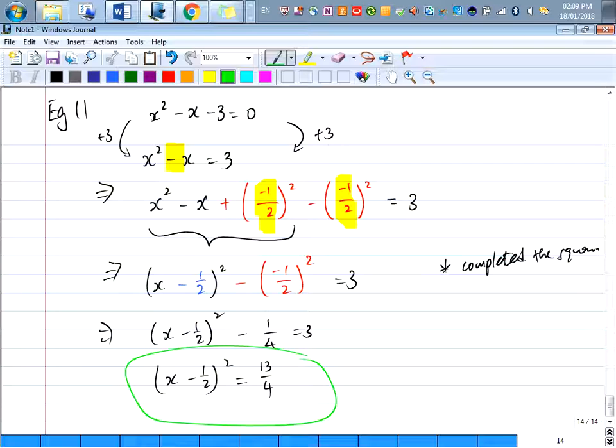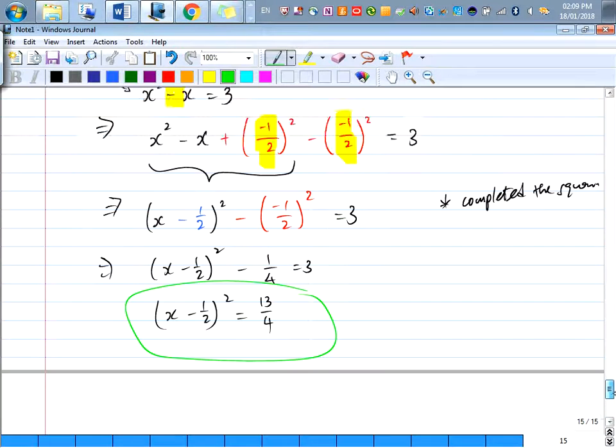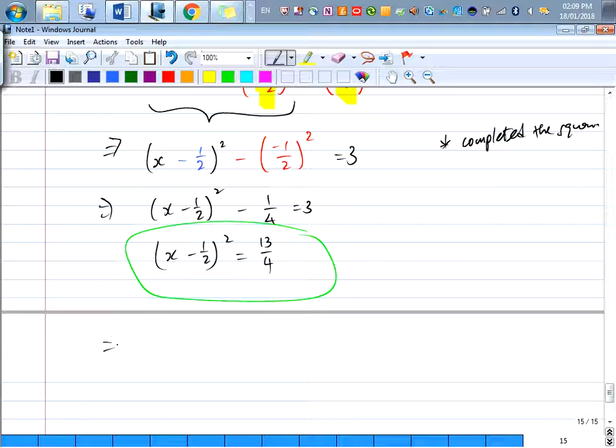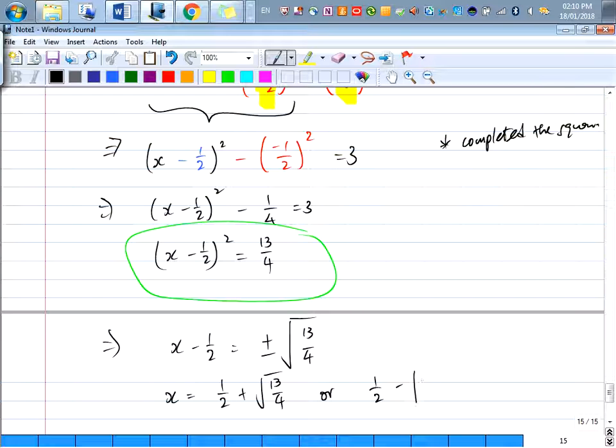Square root both sides. Exactly. Remember the start of the lesson, I also show you how it is easy to solve this. Don't forget, just take square root both sides. And what am I left with? Therefore, x minus half is equals to plus minus square root 13 over 4. Okay? Then x is going to be equals to half plus square root 13 over 4, or half minus square root 13 over 4. Okay?